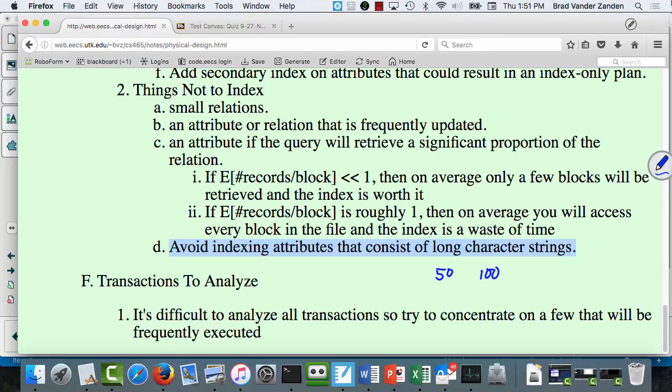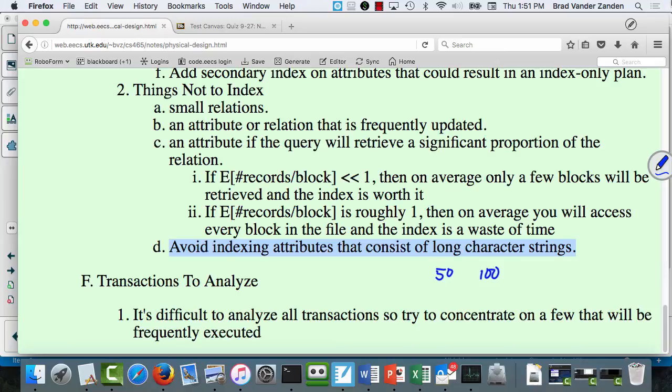Yes, Demi. Does the index actually have to store the value of the attribute, especially for hash indexes, or can it just store pointers? So Demi's question is, if it is a hash table, does it actually have to store the attribute key, or can it just store the hashed value?